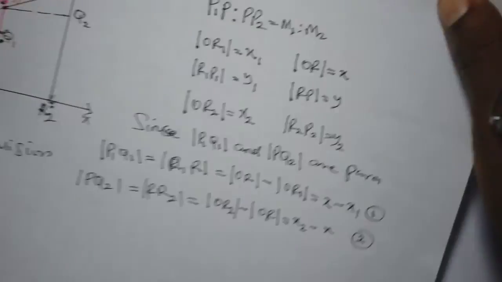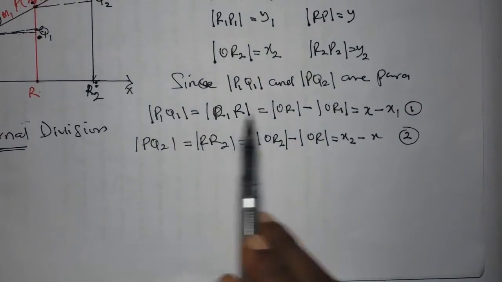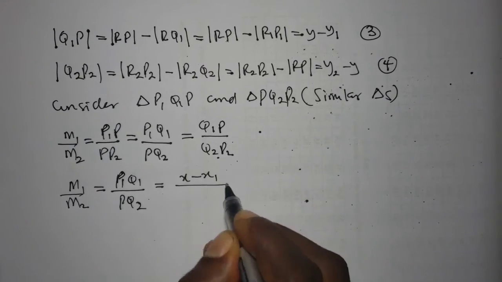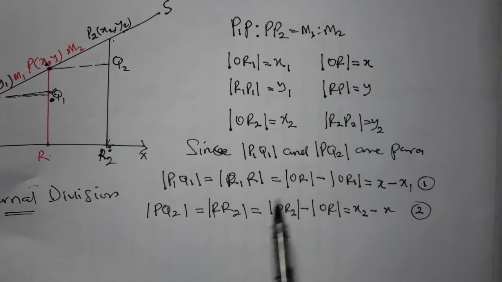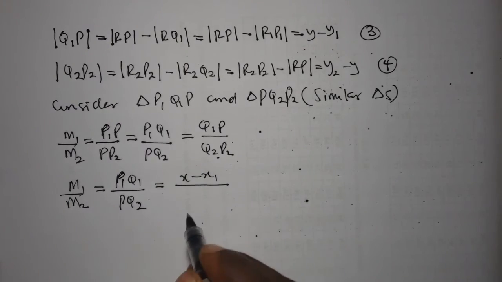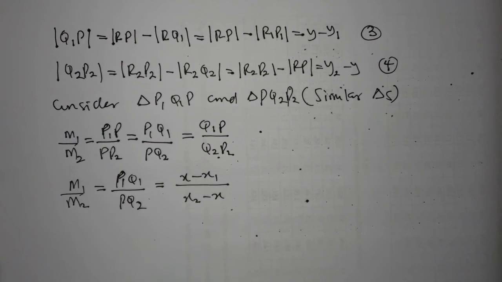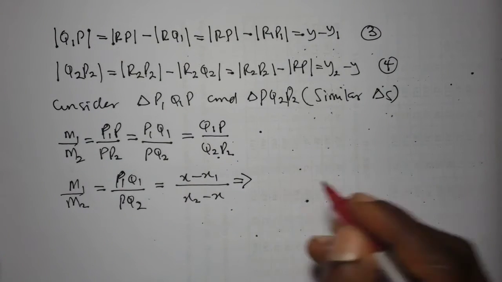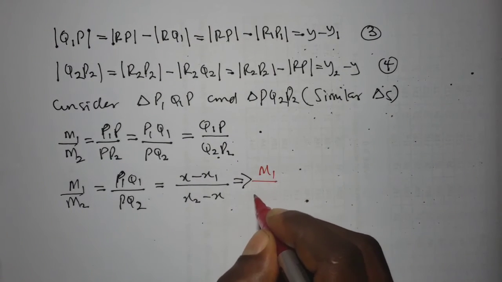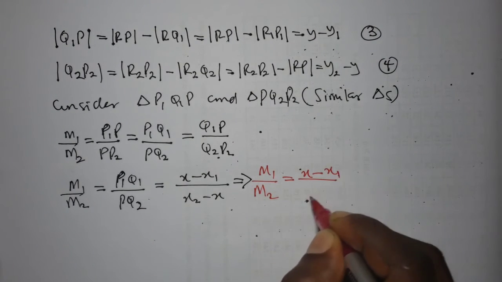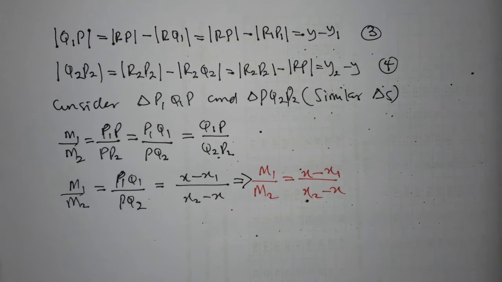From here, we have that P1Q1 is x minus x1, over PQ2. PQ2 is x2 minus x. So this implies that we have M1 over M2 is equal to x minus x1 over x2 minus x.